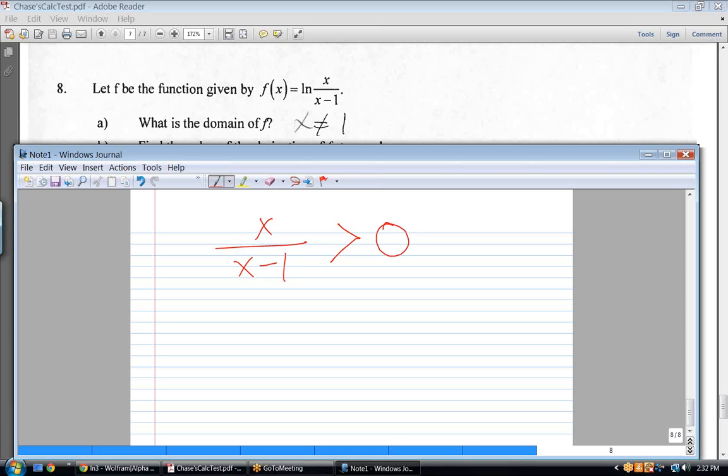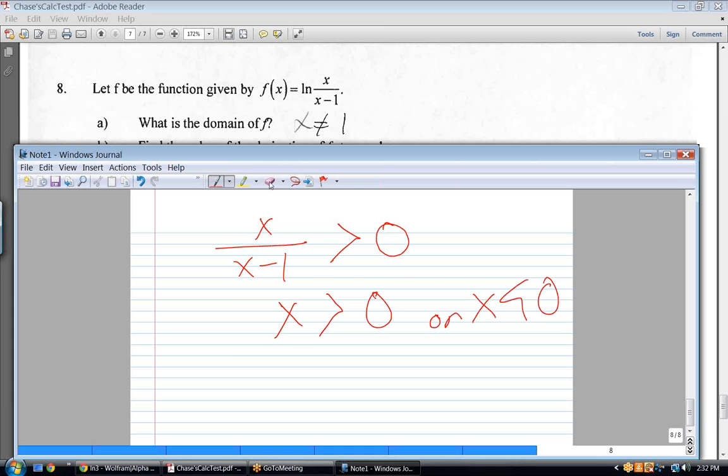Which means, wow. I multiply both sides by x minus 1, I get x is greater than 0, but it might be, or x is less than 0.